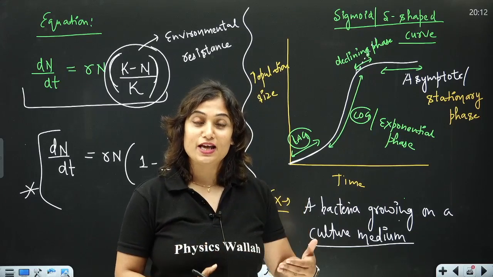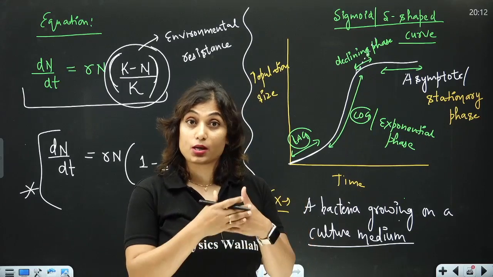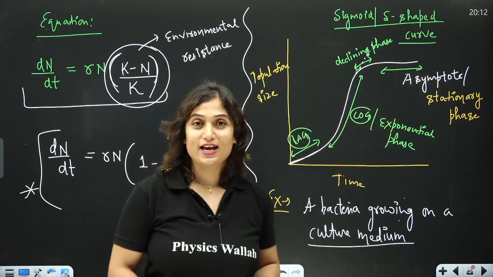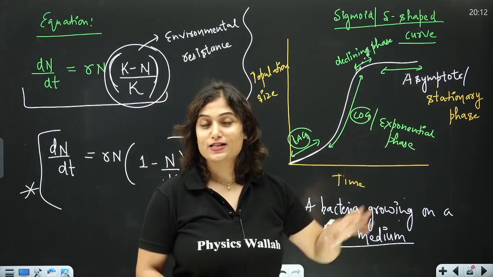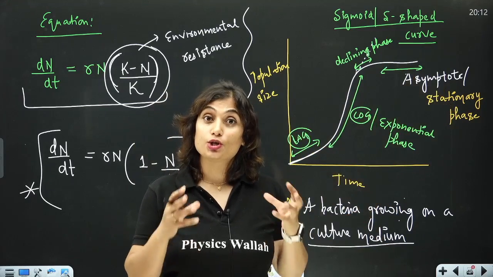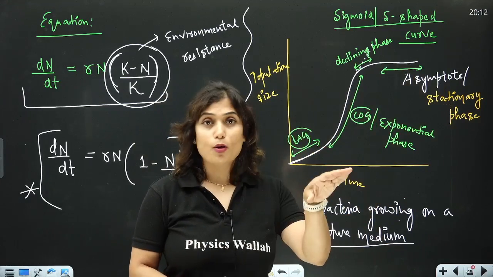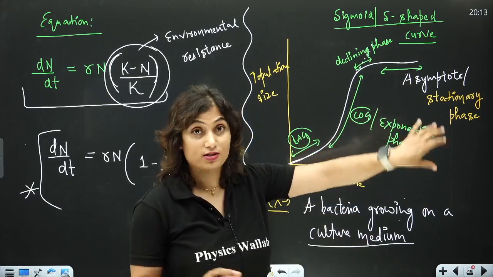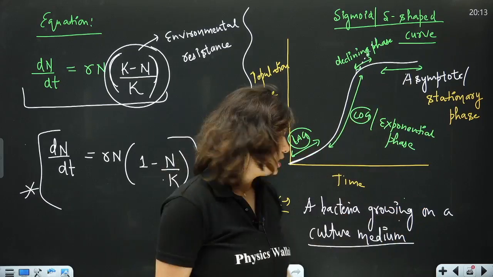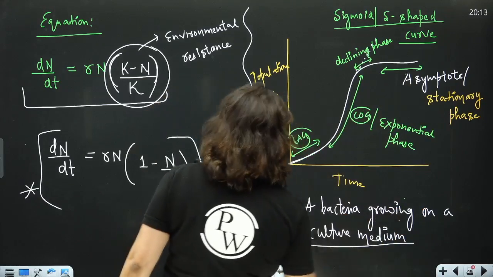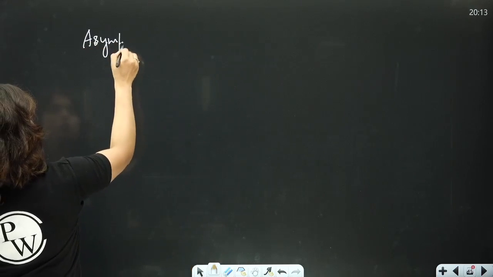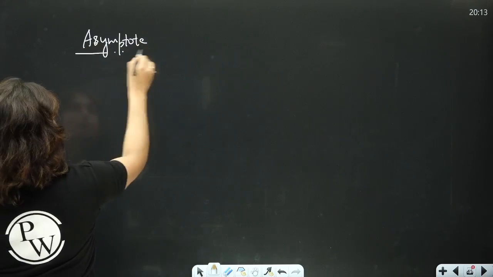and there will be a stage when the resources will be used up fully, so there will be no increase in the population size, and there will be a stationary or asymptote phase where the population growth is zero. No individuals are added, because the resources are exhausted. So what happens during the asymptote stage?